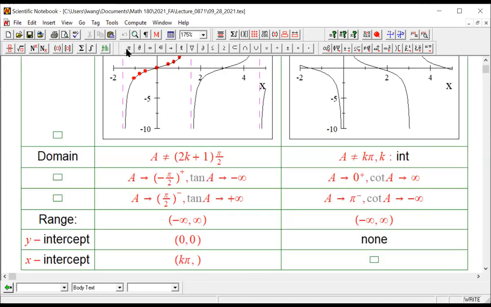Okay, so go back to view the lectures before, if you have a hard time with it. I feel we have spent a lot of time here, and if you truly want to learn, you've got it. So how about the x-intercept for cotangent?